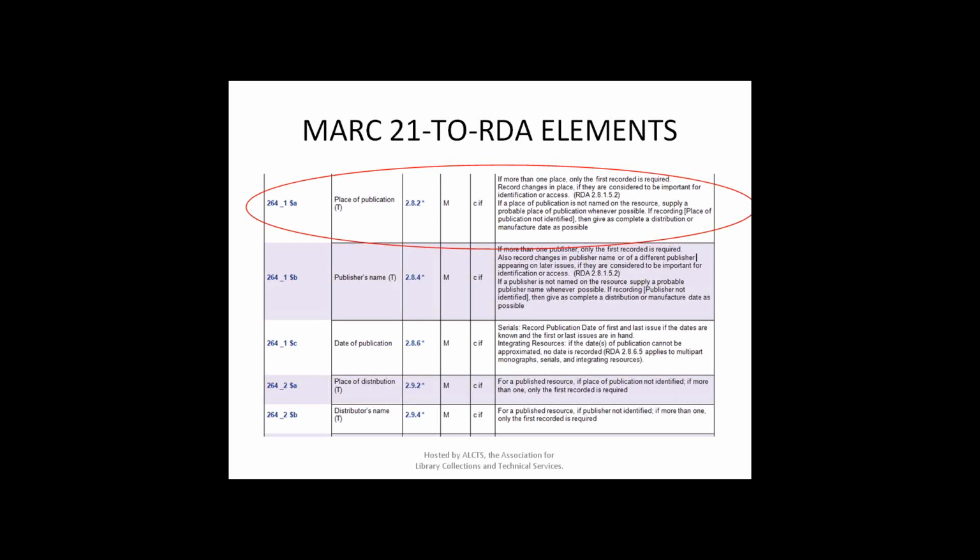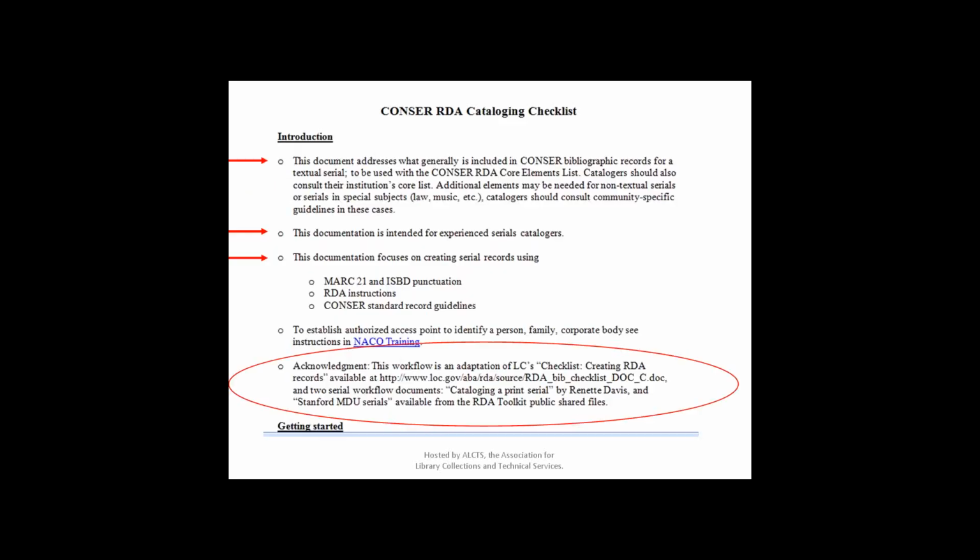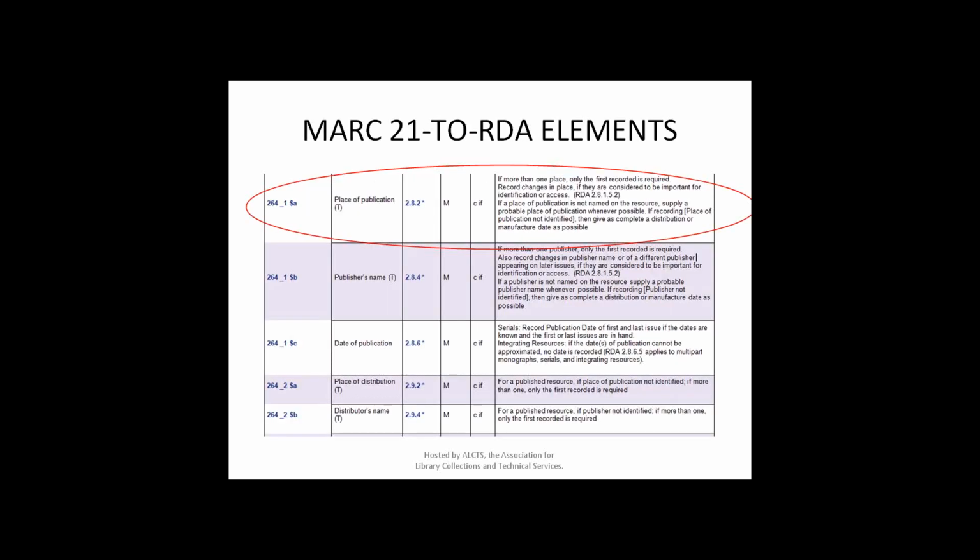And then each of the flavors of the RDA core element set also includes description of the new MARC 21 fields that came along at about the same time as RDA, and there are instructions. So here's an example showing the 264 field for the publication statement.